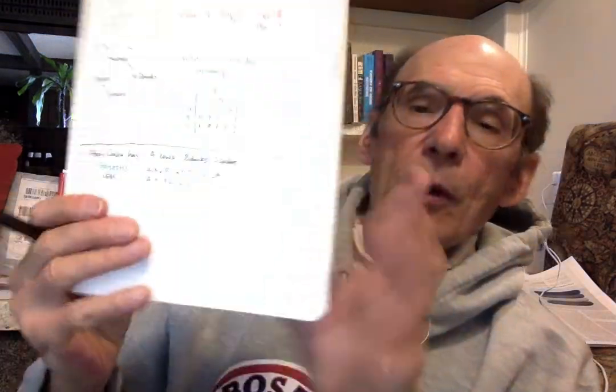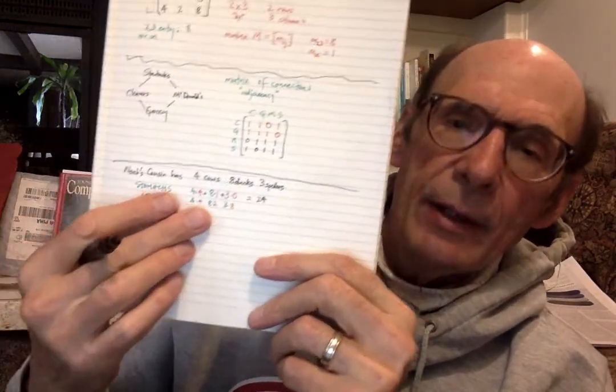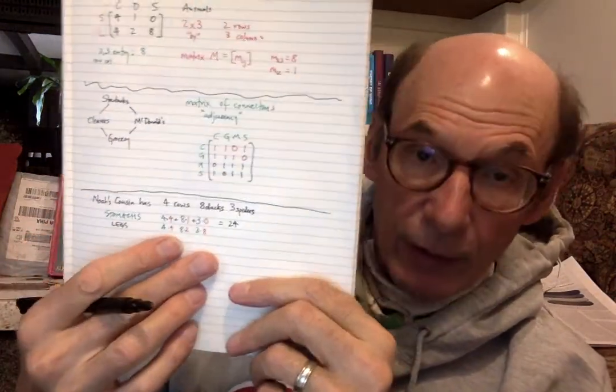As far as number of legs they have, the cow has 4, and the ducks have 2, and the spiders have 8. And so we could say how many cow legs we have, how many duck legs we have, and how many spider legs we have. And then we better add those up. We come up with 16 plus 16 is 32 plus 24 is 56, I believe. So we have 24 stomachs and 56 legs. Make of that what you will.